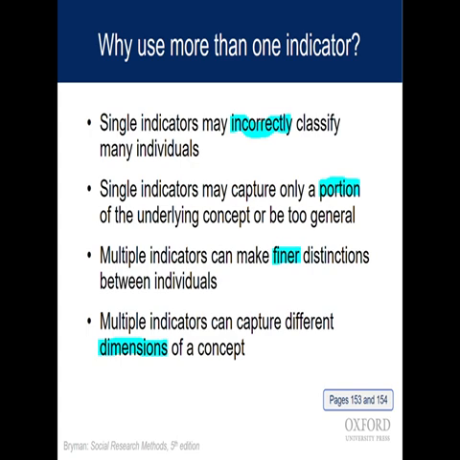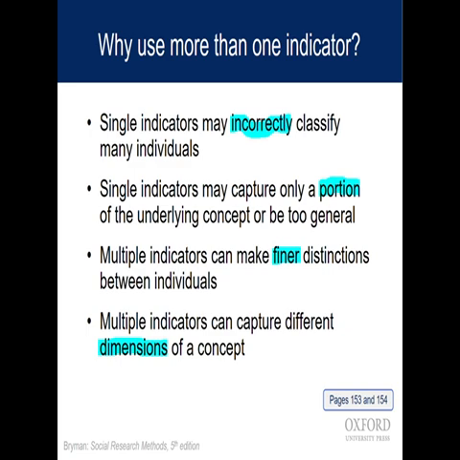It's one question and it's crudely conceptualized, where you might get people who actually really are kind of violent saying no, and people who aren't violent being kind of hard on themselves and saying yes, that they're kind of violent. So you can get misclassifications if you're using a single question, and especially if it's crudely put together.